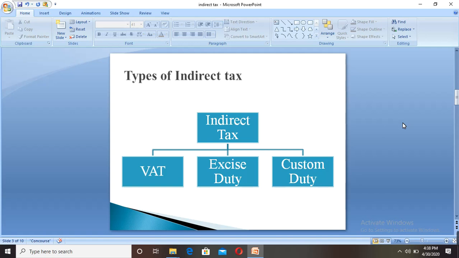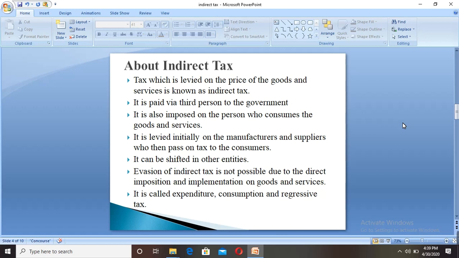I am trying my best to make the students understand what these terminologies are. Let me begin from what is indirect tax.